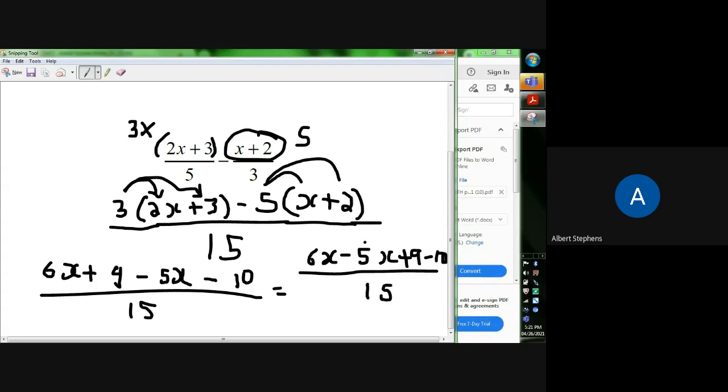So 5x from 6x is 1x. I'm going to put the answer up at the top here, if you don't mind. It's going to be 1x or x, and 10 from 9 is negative 1, all over 15. And that's the answer.